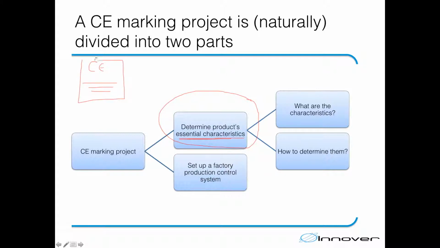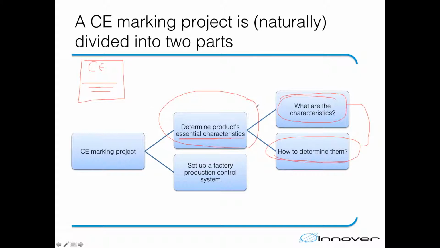So one part of the CE marking project is to determine the characteristics, and this means first we must choose which characteristics to determine, and then we must decide on how to determine them. And for both, we are going to see later, there are strict step-by-step instructions on how to do it.